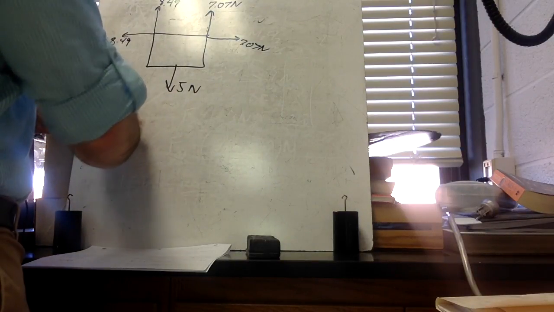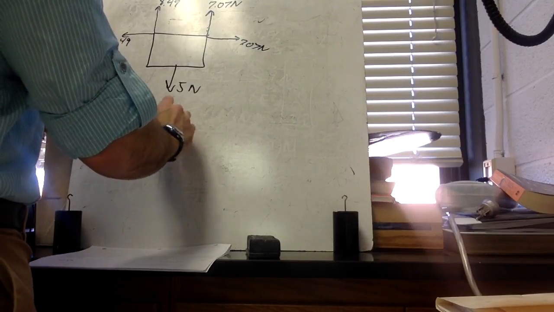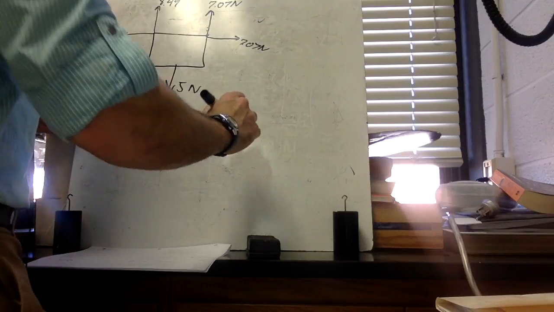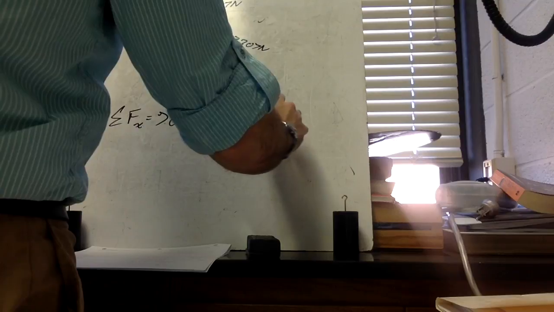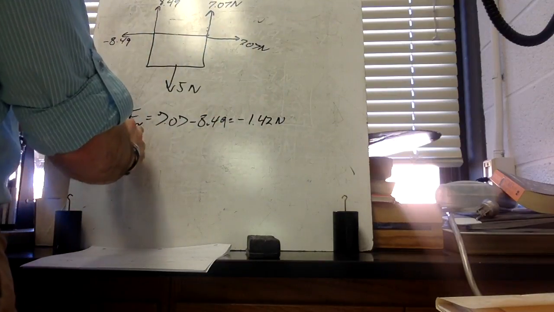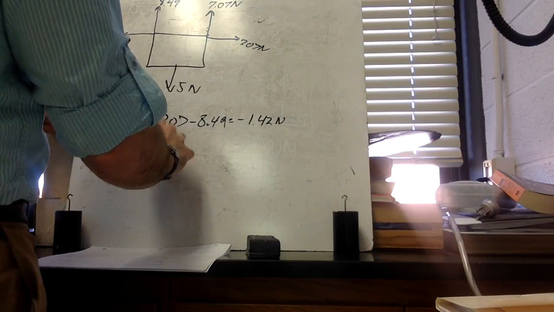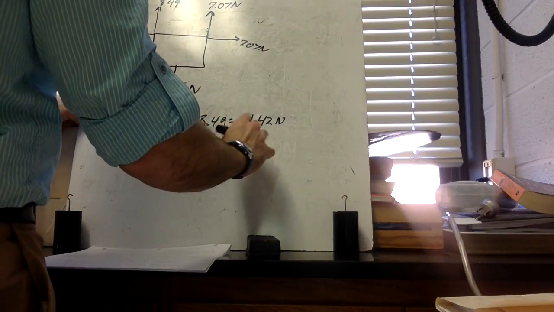The net force in the x direction is 7.07 minus 8.49, so that gives me negative 1.42 newtons. The net force in the y direction is going to be 7.07 plus 8.49 minus 5.